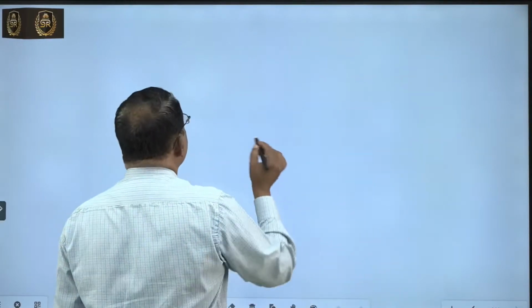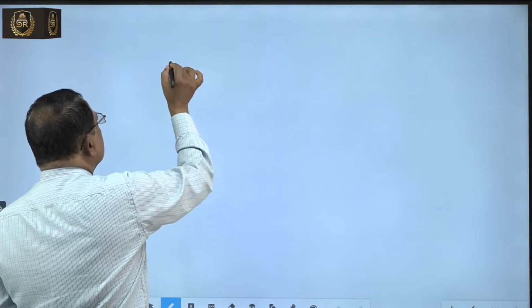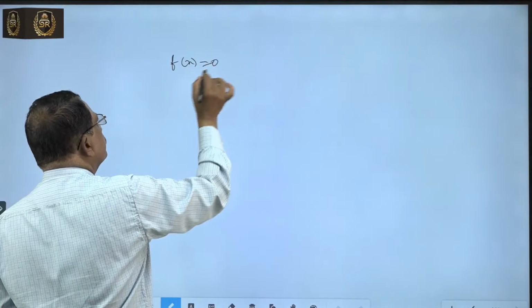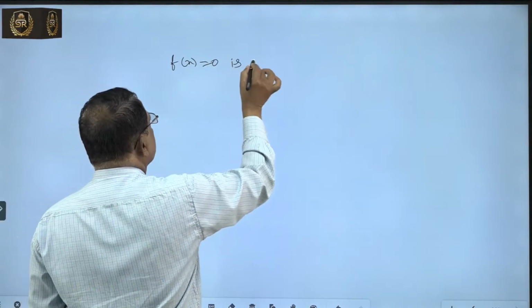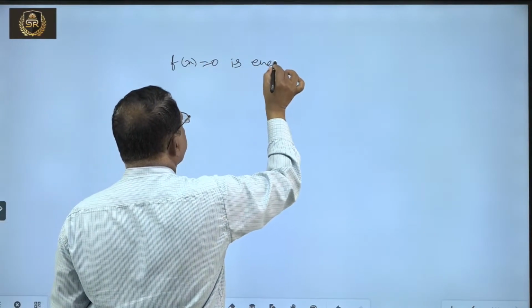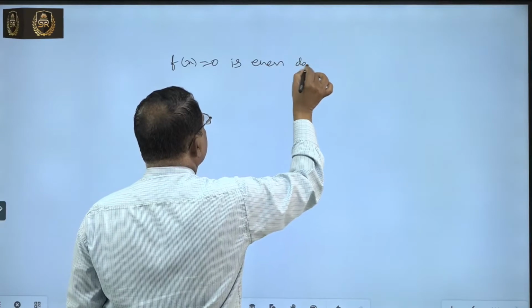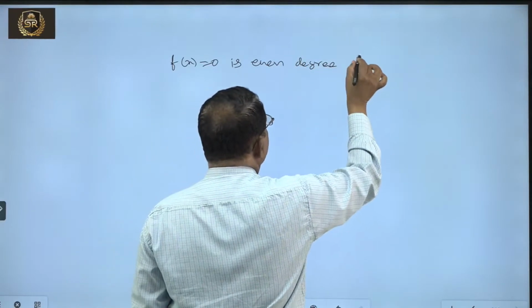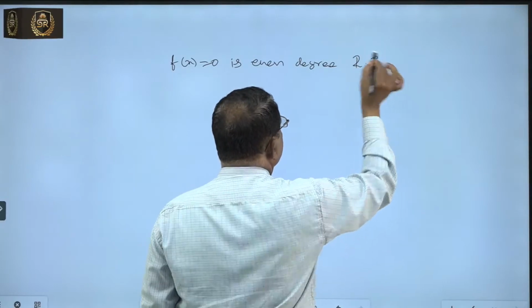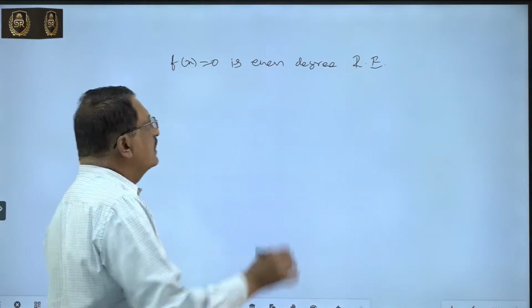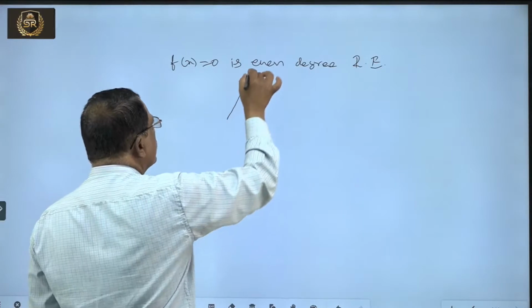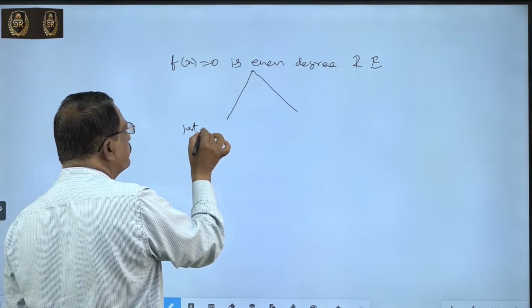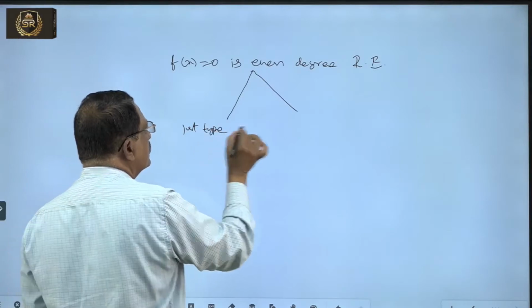Next, suppose f of x equals 0 is an even degree reciprocal equation. In that again there is first type and second type.